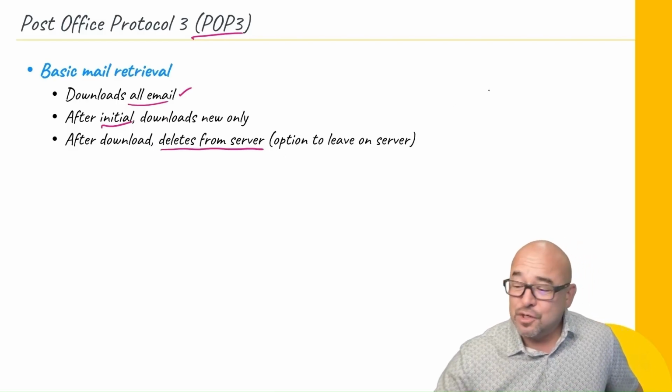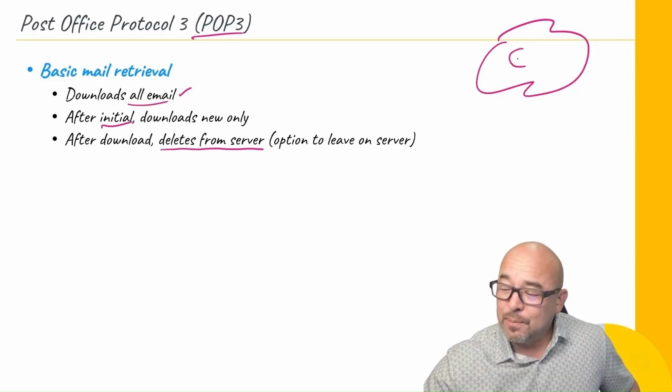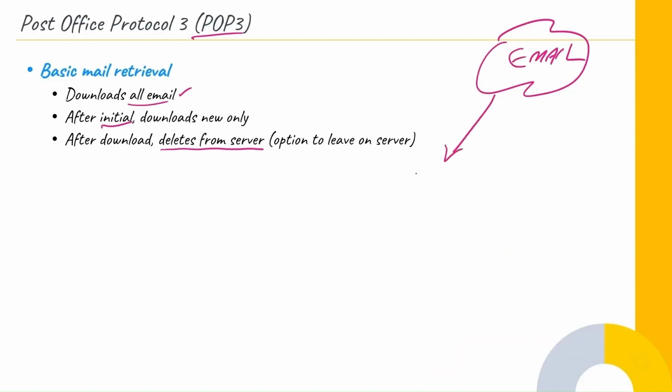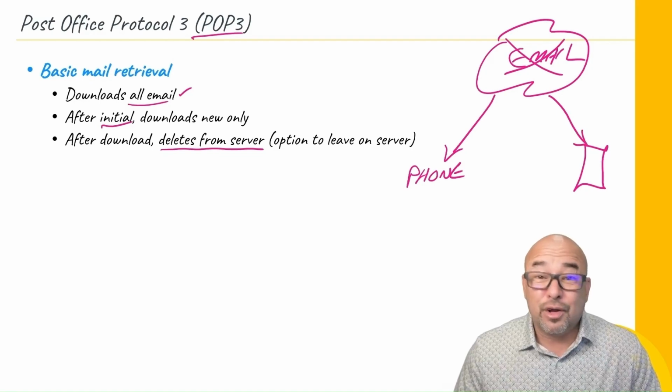So this gets to be an issue, because if this is my email up here, and using POP3, I downloaded this to my smartphone, it will then clear out all this email. There's no more email left up there anymore. And then when I reconnect in my office on my desktop computer, it's not going to see any email. All the email is going to be gone because it all got downloaded to my phone.